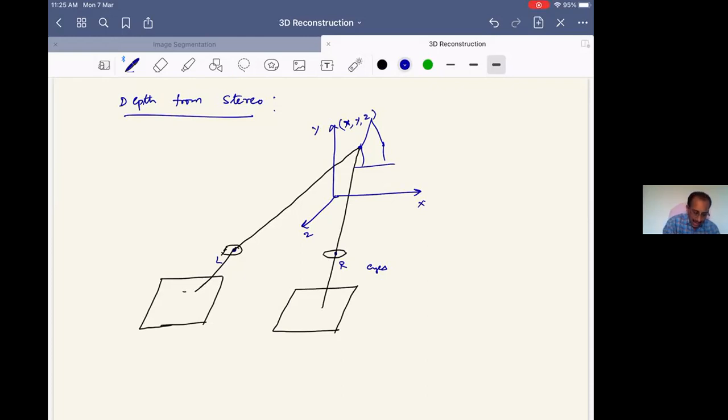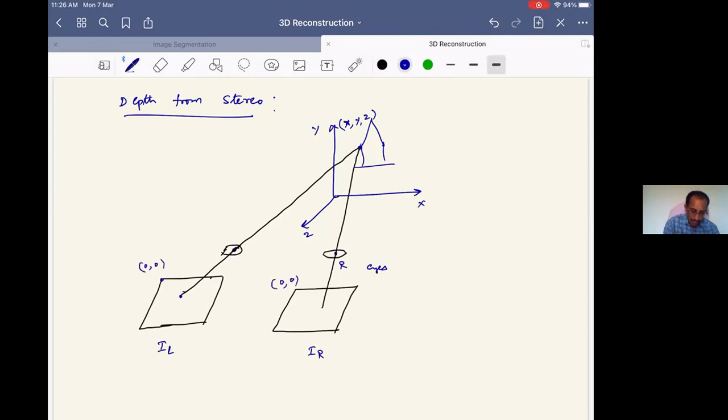Then on the images, as I mentioned, this is IL, the left image, and this is IR, the right image. Here it will be in pixel space. Let me see if I can draw this a little more properly. This also will have coordinates in image space. If I start this with 0, 0, it's our convention how you wish to start.